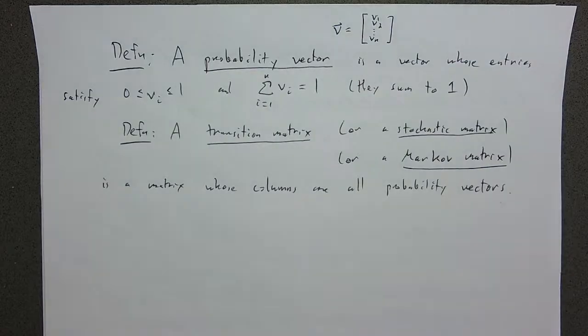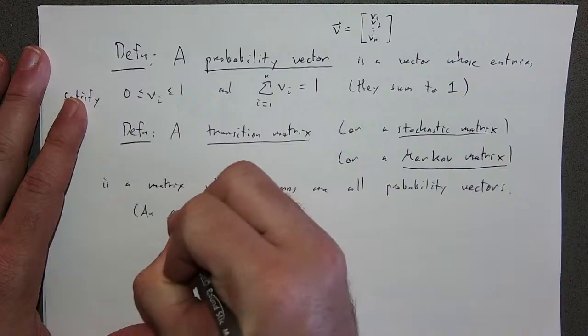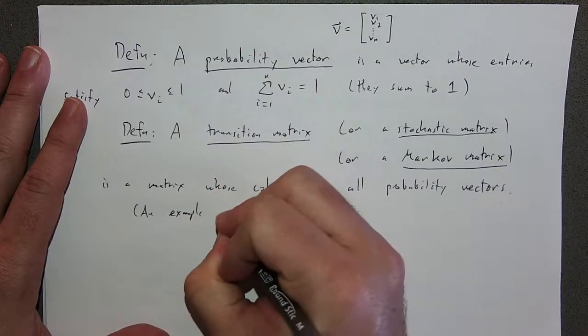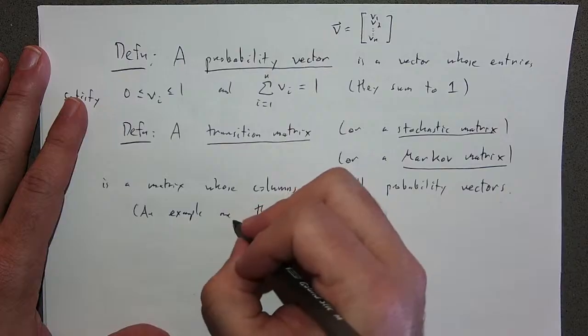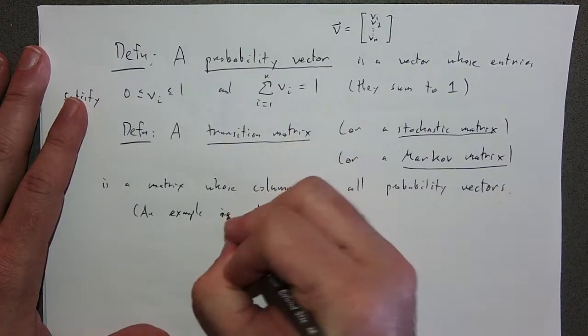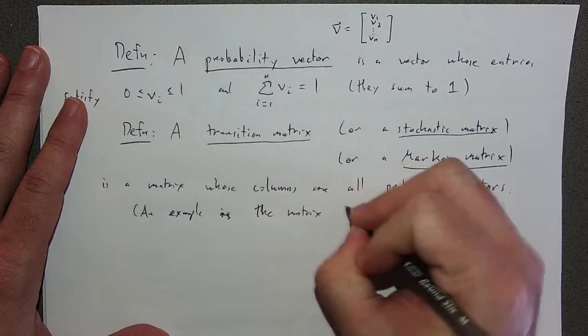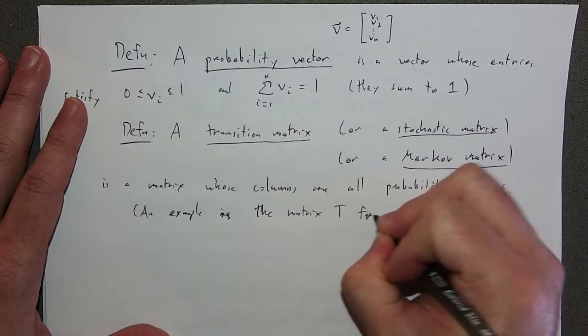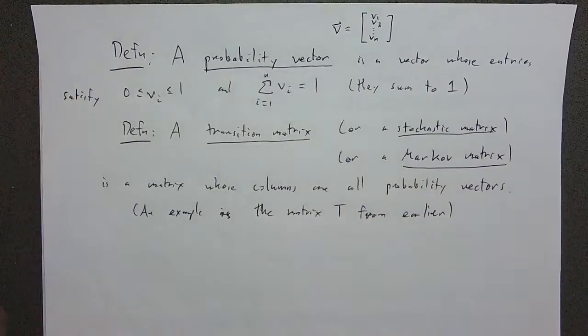Now, an example is the matrix T from earlier. Now that actually refers to 2 examples, but whatever. We're not going to keep getting caught up on plurals here.